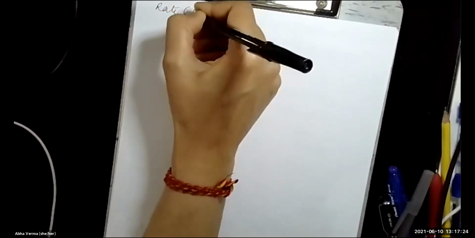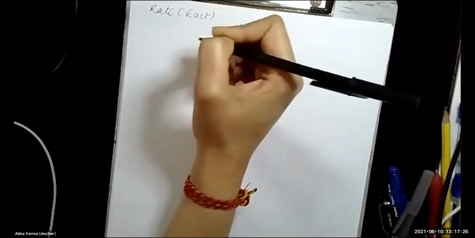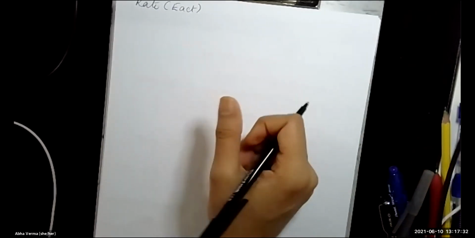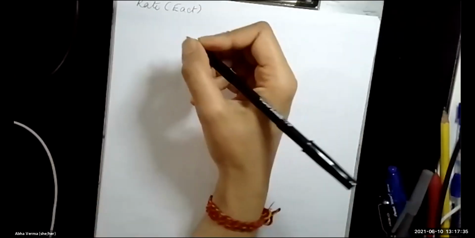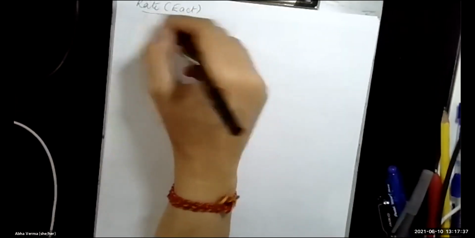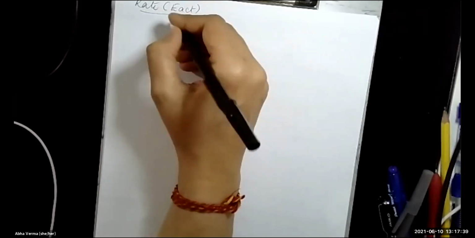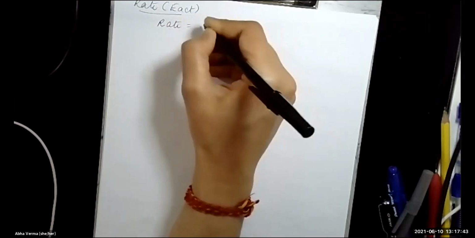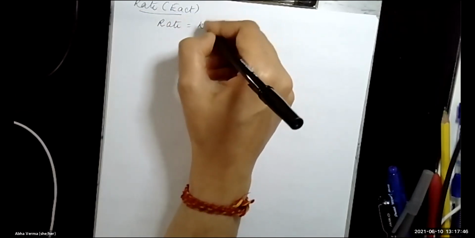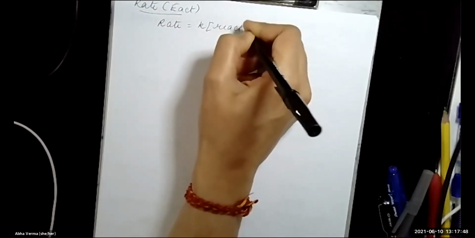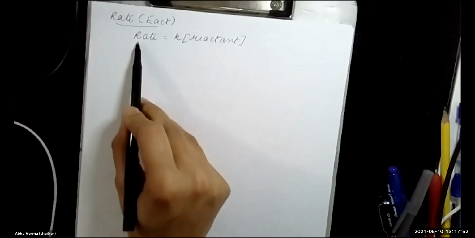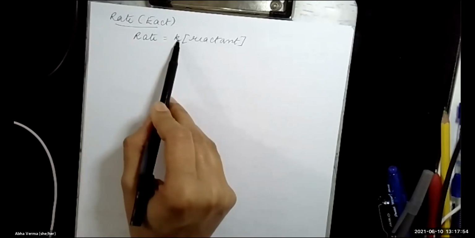And who tells us about the rate? The activation energy. Now there are several mathematical relationships that are there, but for us, we will only focus on this particular equation, where it's clearly stated that the rate of the reaction is dependent upon the rate constant.